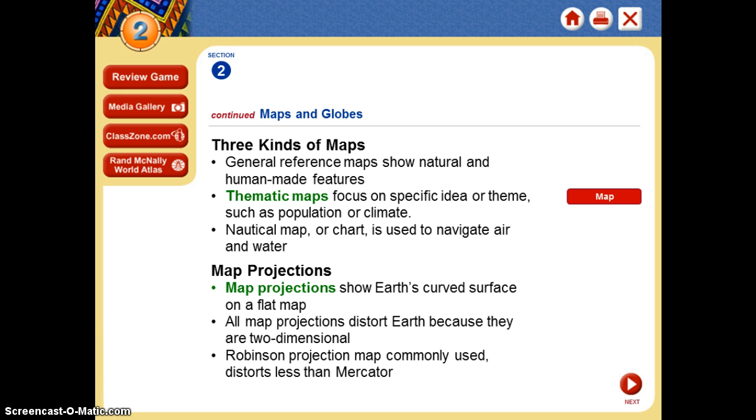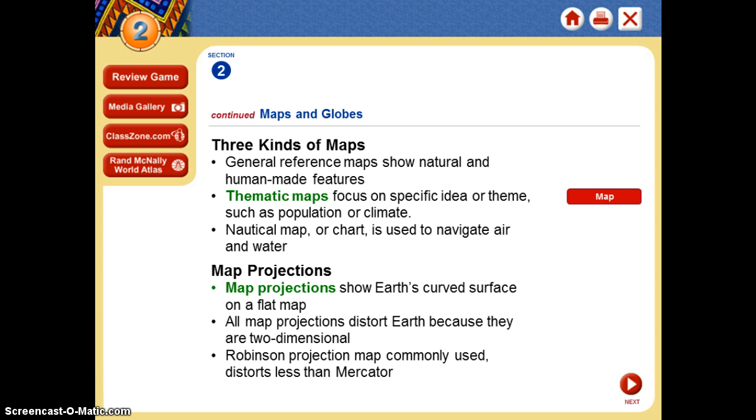Map projections show the Earth's curved surface projected onto the flat two-dimensional space. We've talked about briefly two types of projections. But before we get into that, it's important to know that all map projections onto a piece of paper, because it's not a globe and it's not a three-dimensional representation of the Earth, distort the Earth somewhat.